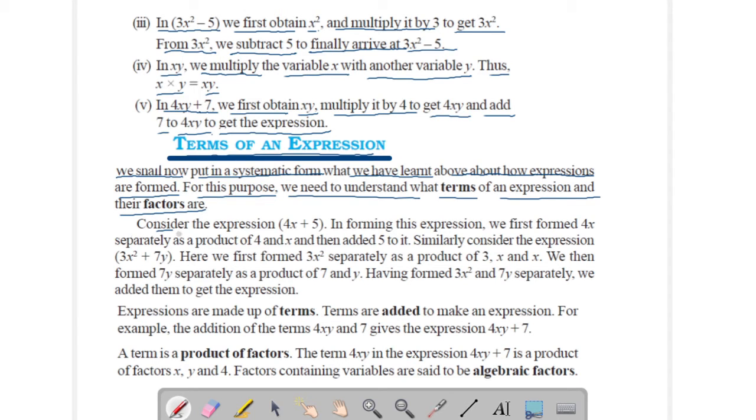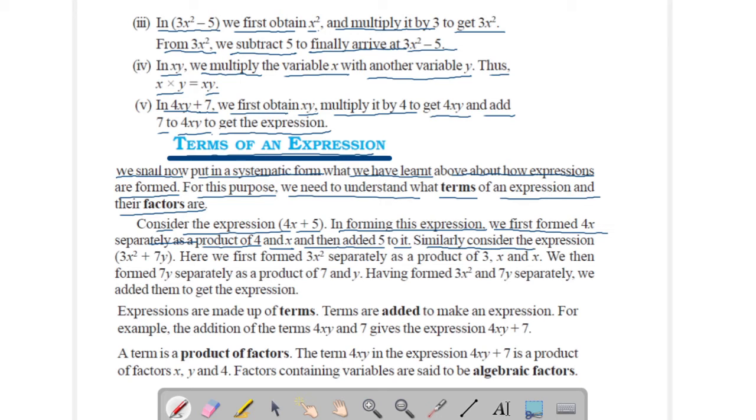Consider the expression 4x plus 5. In forming this expression, we first formed 4x separately as a product of 4 and x and then added 5 to it.